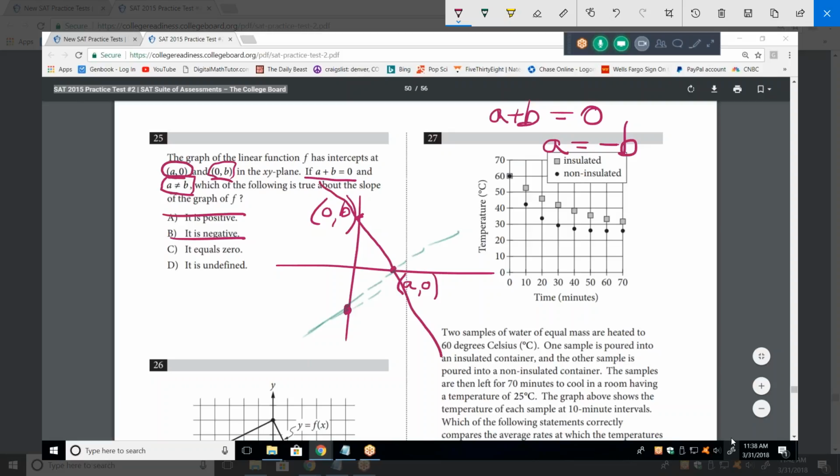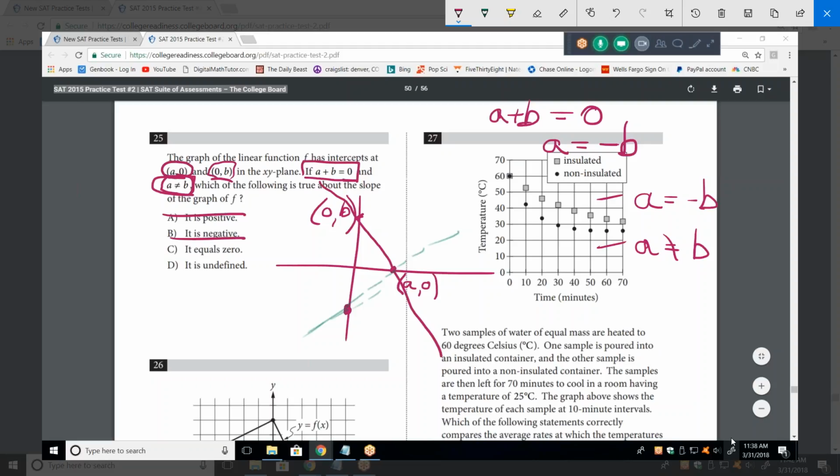But this information here is the key. Because what it says is A is equal to minus B, and A is not equal to B. Which means A and B cannot be 0. Because if A and B were 0, that would be true, but that would be false. So A has to be a different number than B.